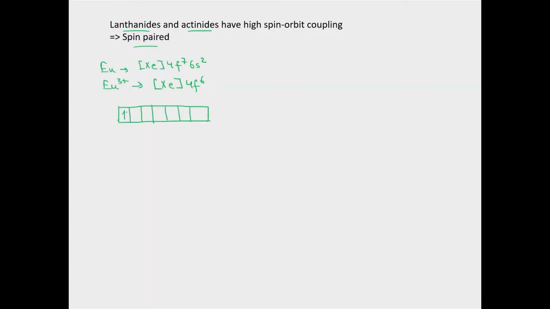All of them will be spin paired, and therefore the number of unpaired electrons will be 0. Therefore the calculated magnetic moment for europium 3 plus is 0, whereas experimentally we are getting a magnetic moment value of 3.4 Bohr magneton.